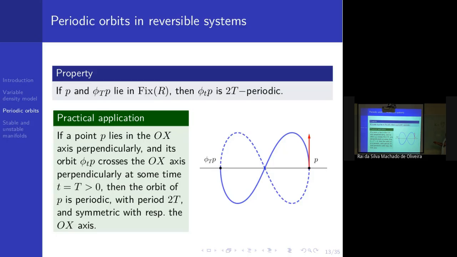So here, for example, you start integrating, you cross the x-axis, but it's not perpendicular, so here we don't yet have a periodic orbit. You keep integrating and find that at this point you cross perpendicularly. So now you know that you have a periodic orbit that does the symmetric trajectory. Okay? So we only have to compute half the things.